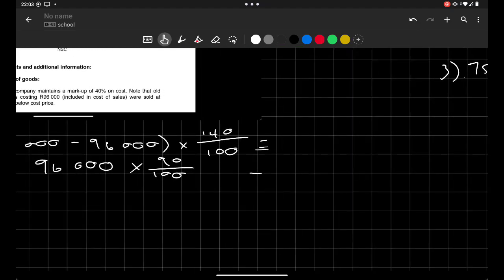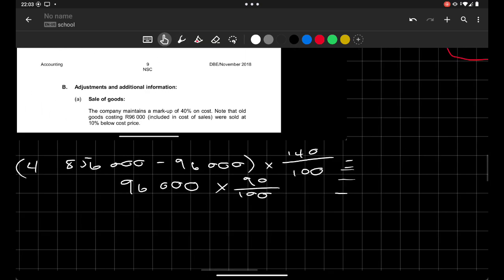Now I've calculated this ahead of time. In the brackets we're going to get 4,760,000, and the total amount there, once we've multiplied it by the markup, our sales for that is 6,664,000, right?